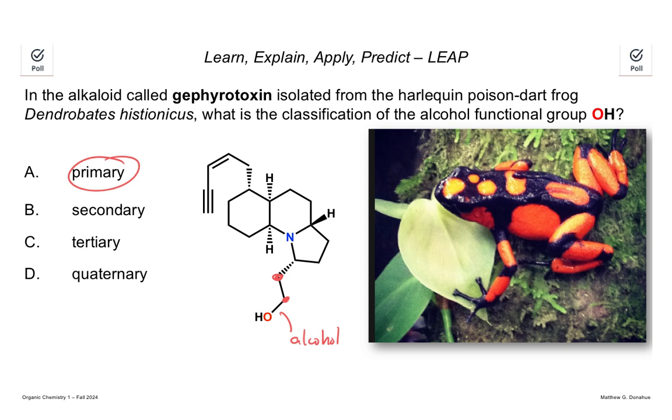The reason you really want to nail this stuff down now is when we start learning about reactions, say a molecule has 2 alcohols in it. One's primary, one's tertiary. You're treating it under a set of conditions to make a new product.